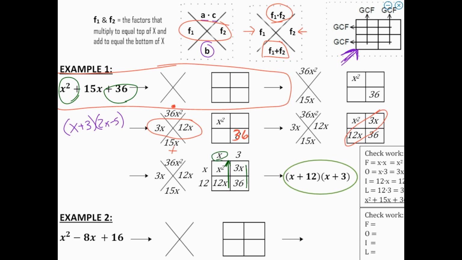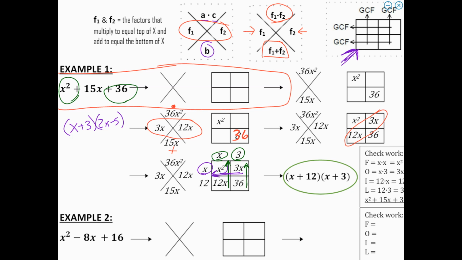What is my greatest common factor between 36 and 3x? Then I'm going to go the other direction between 3x and x squared. X. What are the only two factors that x squared has? What are the only two things I can multiply together to get x squared, guys? Oh, x times x.